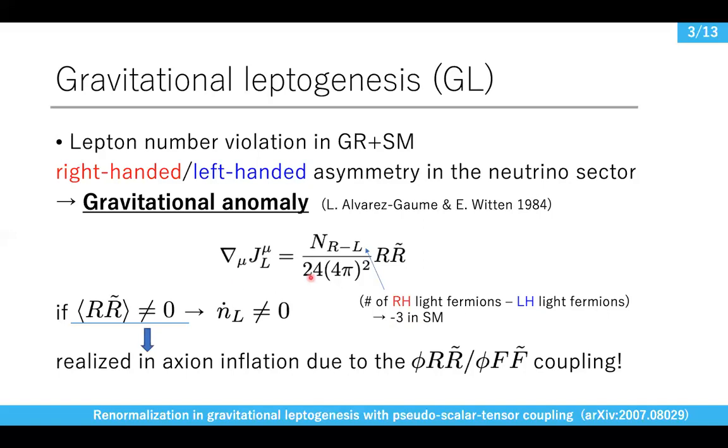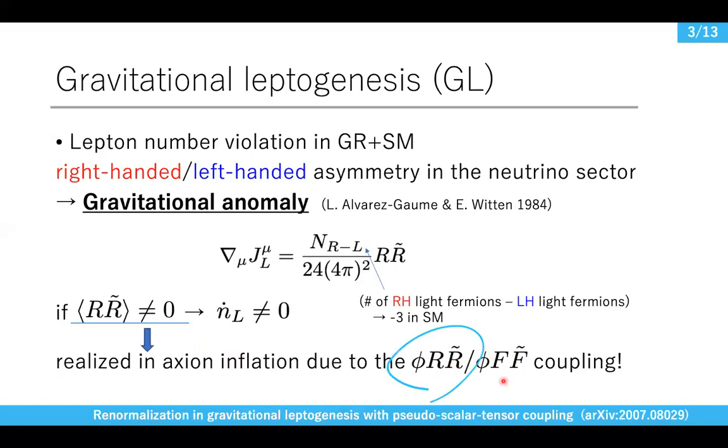As you can see from this equation, if you have a non-zero R R-dual, then you have a non-zero time derivative of lepton number density. So you can generate lepton asymmetry in the primordial universe. We should note that this non-zero R R-dual is naturally realized in axion inflation due to these couplings.